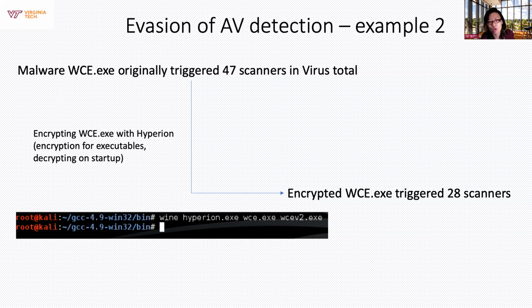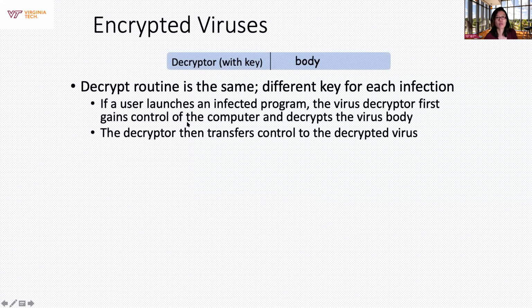All the others just stop complaining. So clearly the majority of those previous scanners, almost half of them, have signatures based only on the unencrypted version of the malware. So let's talk about encryption then.